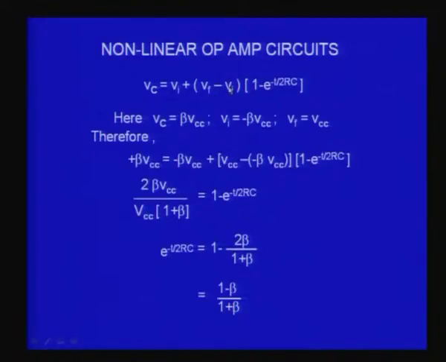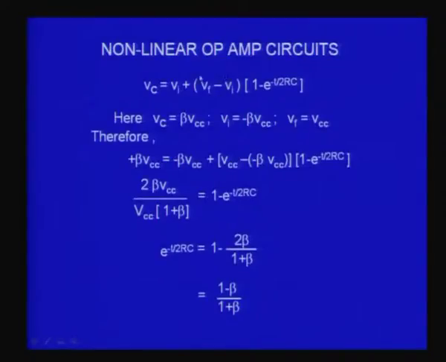This difference in voltage drives a current through the R, charging the capacitor. Therefore the charging voltage is V final minus V initial, multiplied by 1 minus e power minus t by 2 RC, where the factor 2 comes because we are looking at t by 2, half the period. This is the equation that we should write.